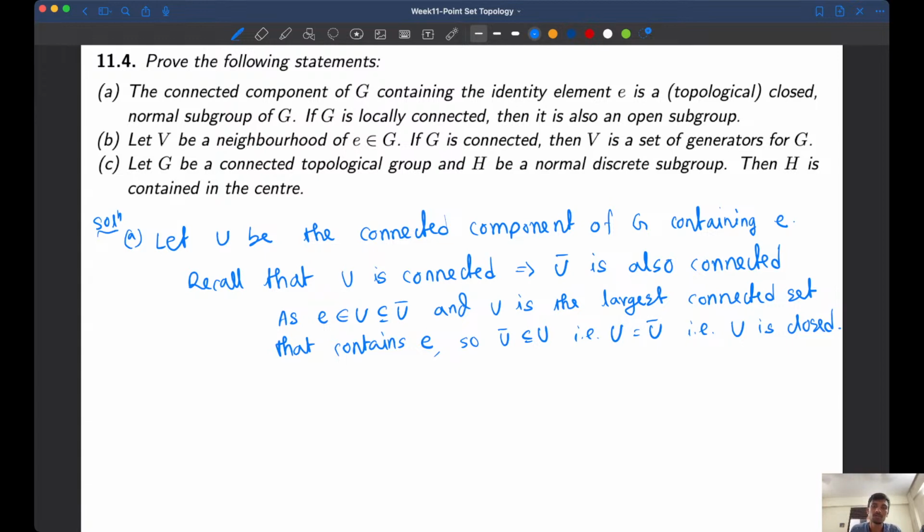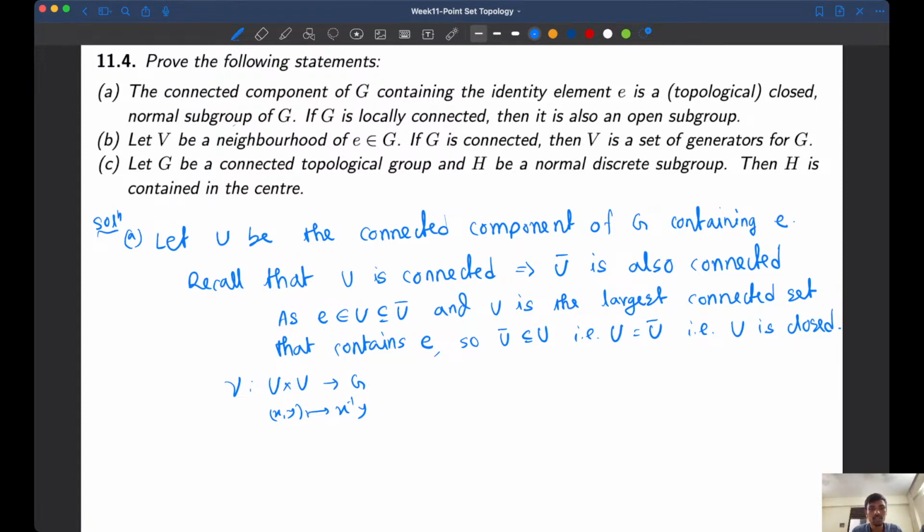So U is closed is not a big thing; any component in a topological space is closed. Here we haven't used anything about the topological group. Now this component is actually a subgroup, and that's normal. For the subgroup part, I have to prove that the map nu, if I restrict it onto U cross U to G, xy to x inverse y, is contained inside U, then I am done.